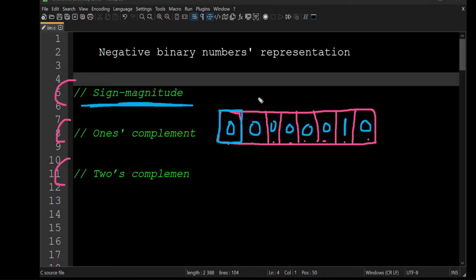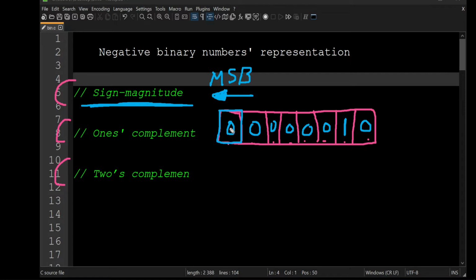Most significant means it's the bit on the left of our binary number, the MSB. This most significant bit represents the sign.